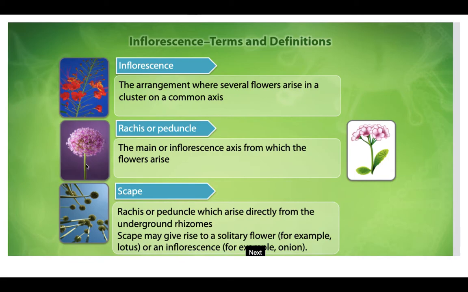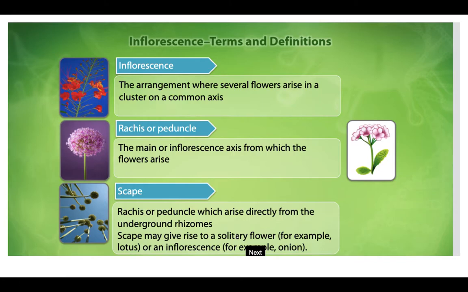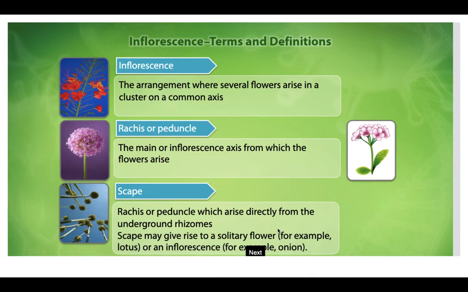This is the rachis or peduncle. Sometimes the scape, rachis or peduncle arises directly from the underground rhizomes, like in this case, and may give rise to a solitary flower, like in the case of lotus. You can see such a type of inflorescence, and the inflorescence in the onion flower can also be considered that way.